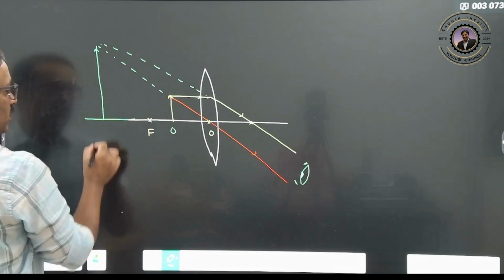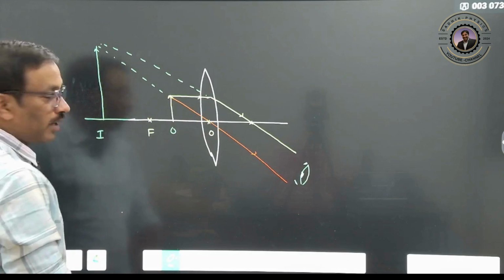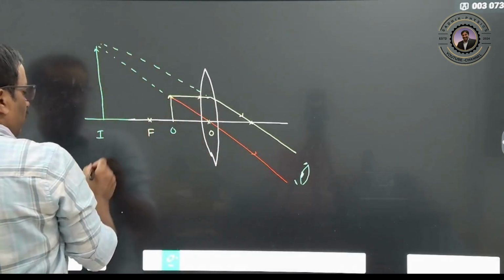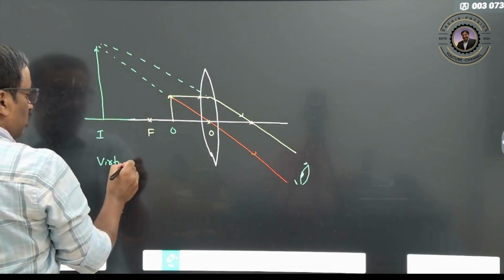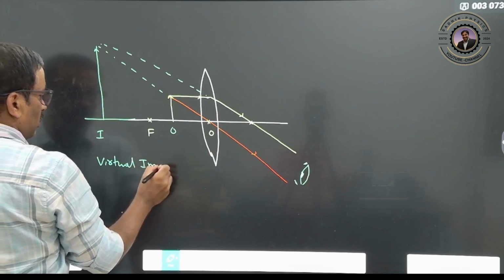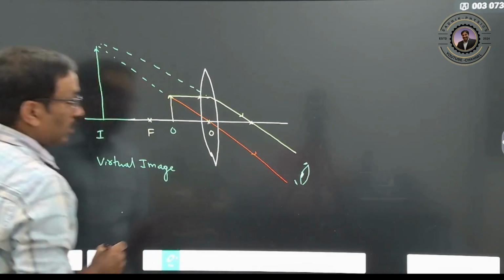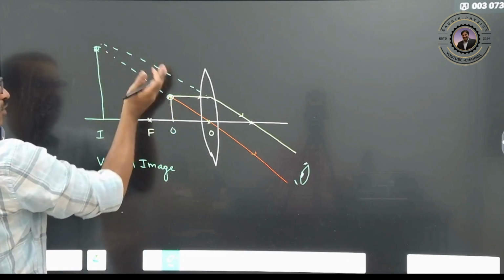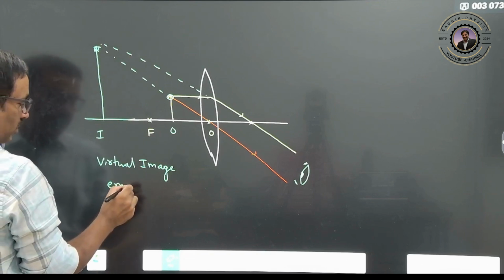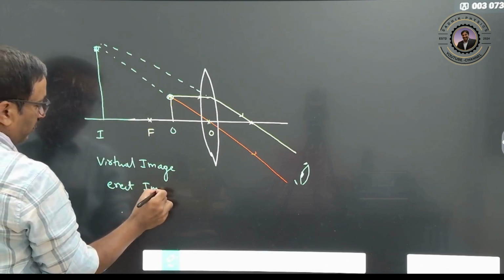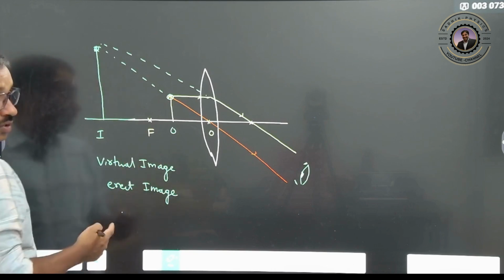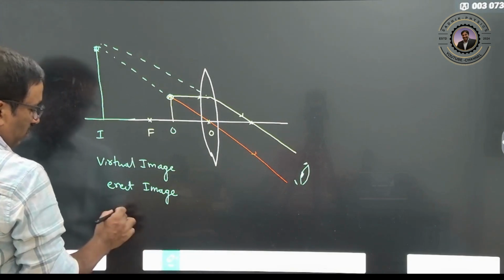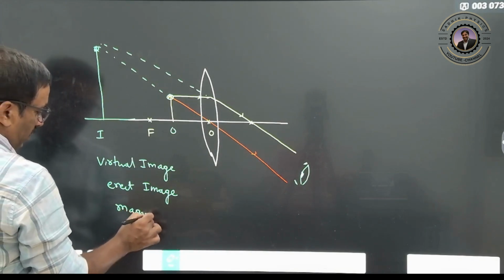So this is your object, this is your image. Clear? How is the image? Are the light rays really coming from here? No. Therefore you call it a virtual image. Here the head is on top, and here also the head is on top, so it is not inverted. That type of image you can call an erect image: virtual, erect and magnified.